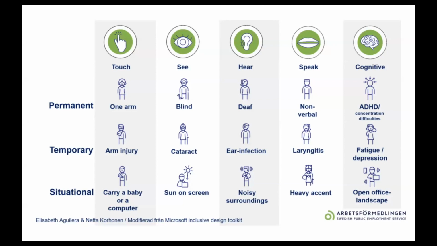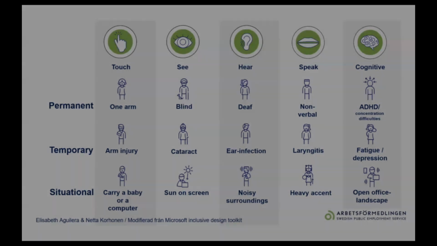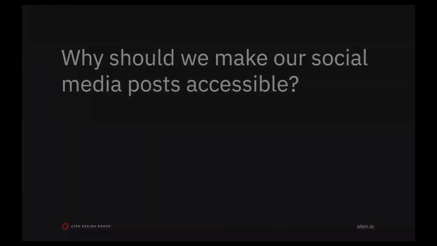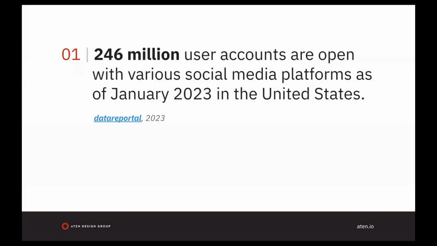So it is very important that we make everything accessible to everyone, because it just makes a better experience for everyone involved. So why should we be making our social media posts accessible? Well, 246 million user accounts are currently open with various social media platforms as of January 2023 in the United States. And again, these are user accounts.